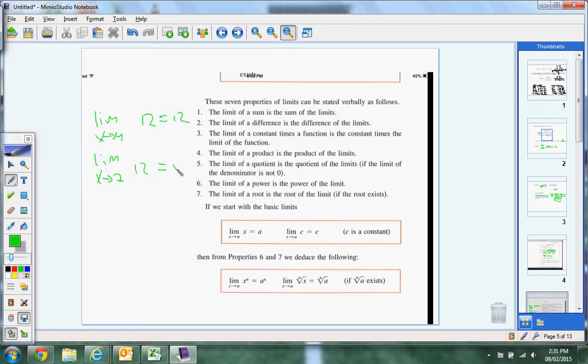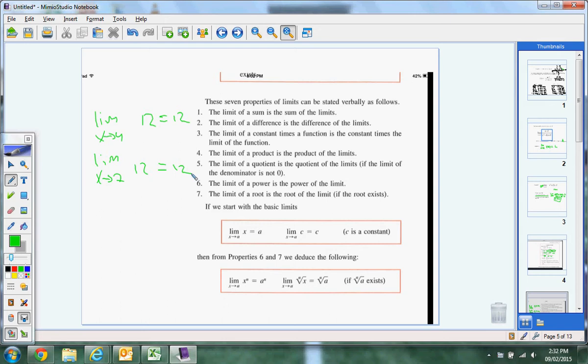They're all 12 because the limit's not going to change because it's a constant. It's a flat line, technically, so that's not going to change. That's what this is saying. Then from properties 6 and 7, we deduce the following. It's also saying that if you have x to the n and you plug in a, then you'll have a to the n. We'll get to that in a second.